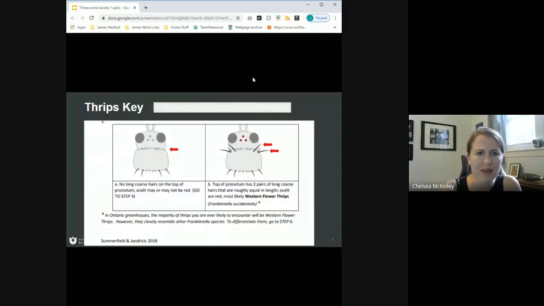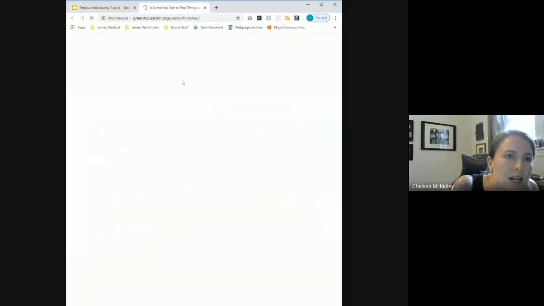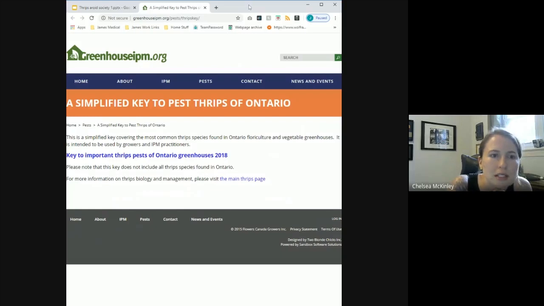If you really want to get into the nitty-gritty in terms of identification, there are a lot of great keys out there, and I apologize, for some reason this link isn't showing up, but I will take you to it. So this is greenhouseipm.org/pests/thrips key.